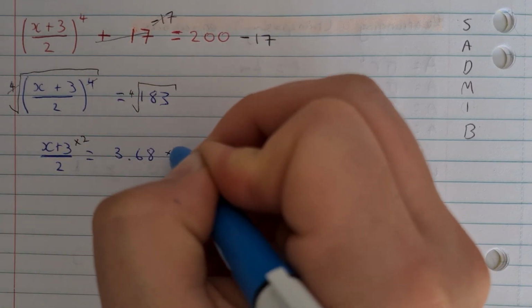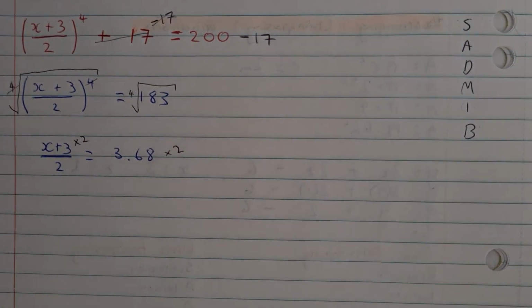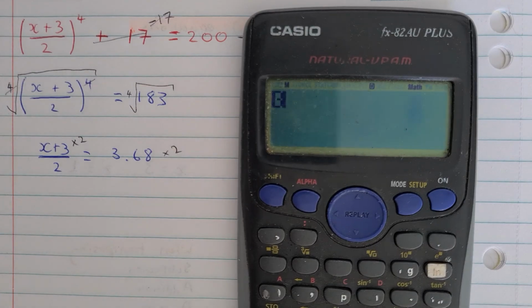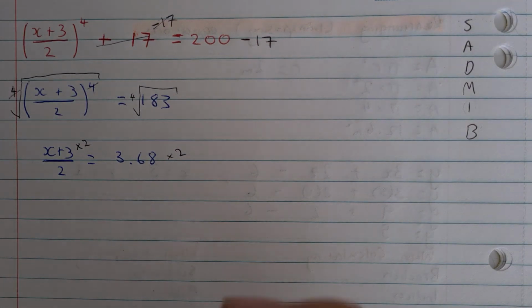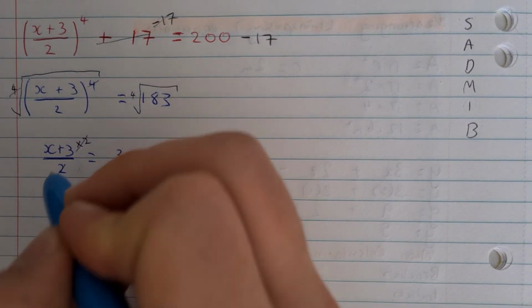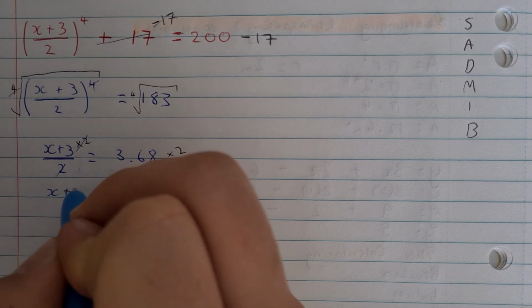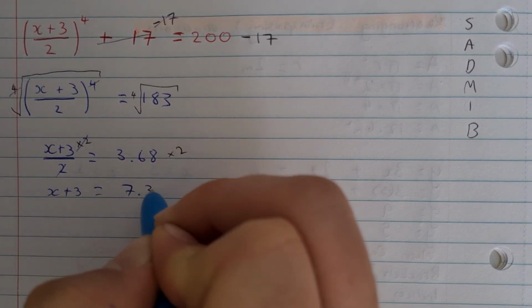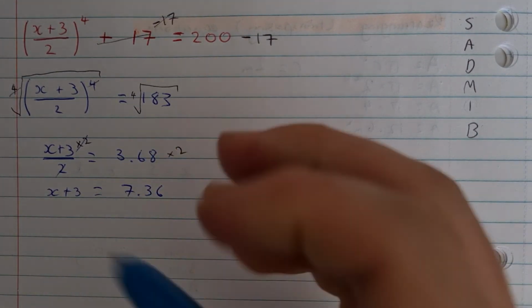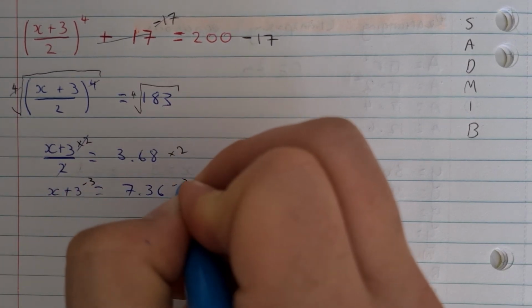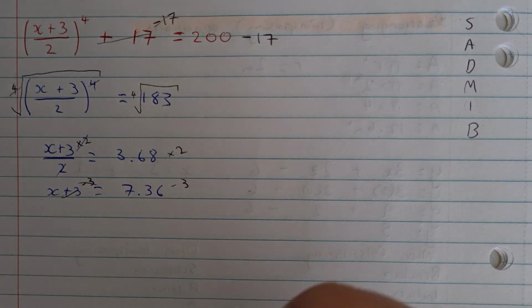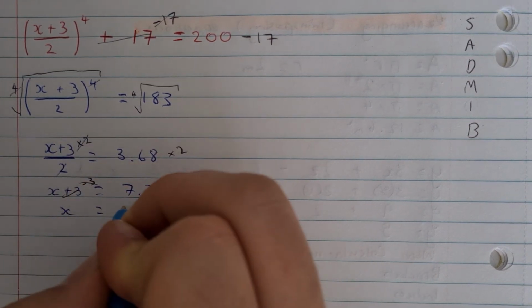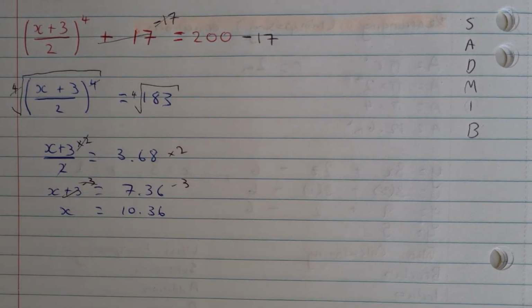To get rid of the divide by 2, we multiply by 2 on each side. 7.36, sorry. So divide by 2 cancels out those 2's. We have x plus 3 is equal to 7.36. Now we can just subtract 3 from each side. This add and subtract 3 will cancel out. We have x is equal to 10.36.